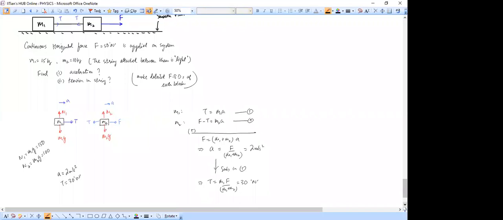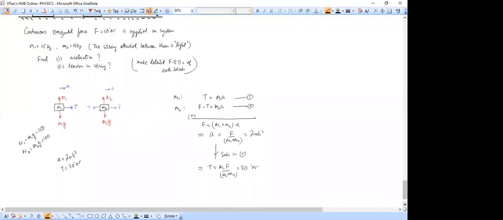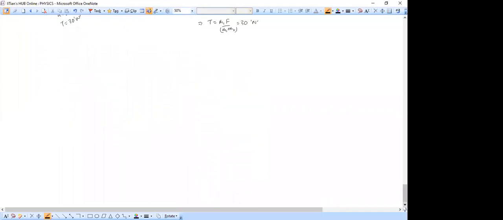Okay, now moving on to the next part. So we will understand what is called a simple Atwood machine. That's basically a system of single pulley.